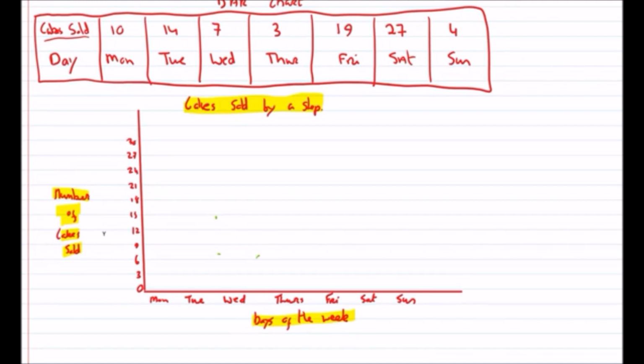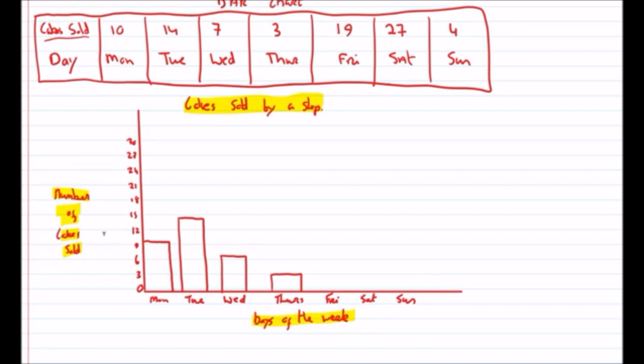Right, now when you're doing this, you use a ruler, okay? But for time's sake, I'm not going to use it. So on Monday we sold 10 cakes, so we'll go up to 10 there, and we'll draw a bar. On Tuesday we got 14 cakes, and on a bar chart we don't join up or stick these bars together, okay, there is a gap between them. 7 then here, 7, on Thursday is only 3.